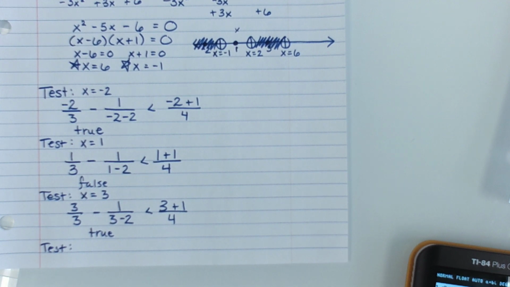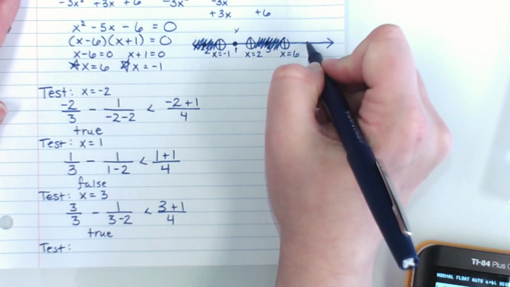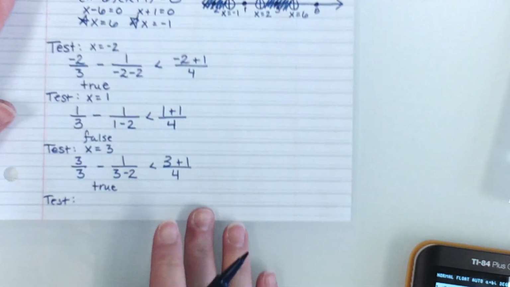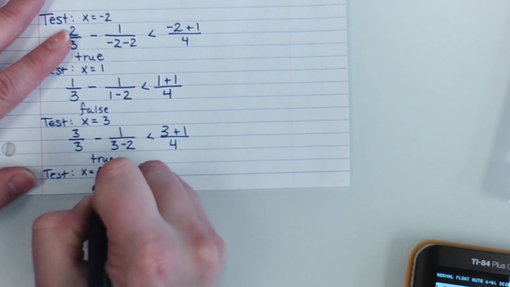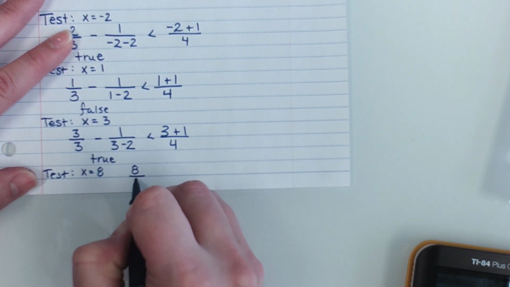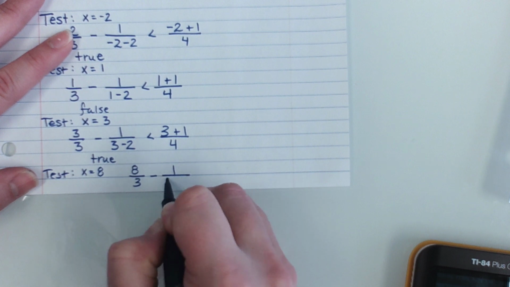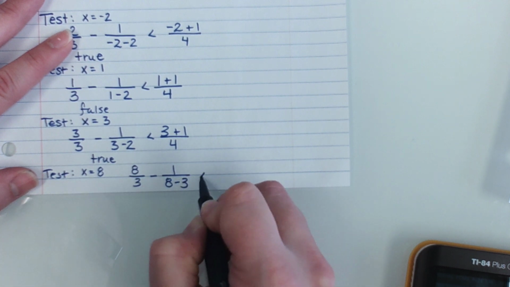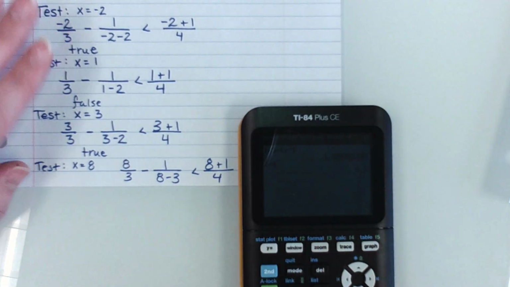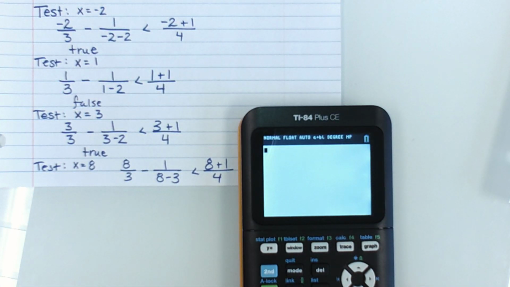What number would you like me to test over here? 8. Sure. Eight over 3 minus 1 over 8 minus 3 is less than 8 plus 1 over 4. 8 divided by 3 minus 1 over 5. That's it, 9 over 4.